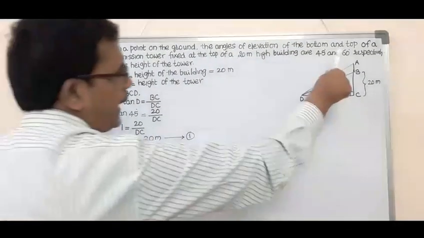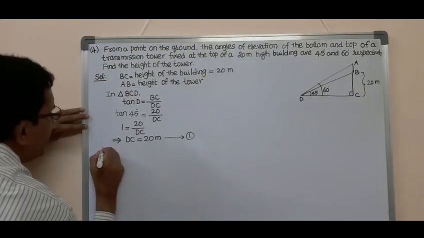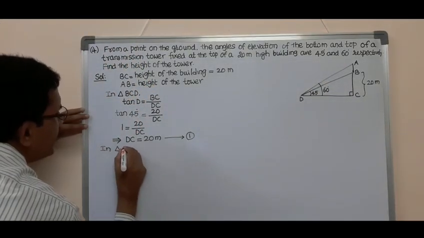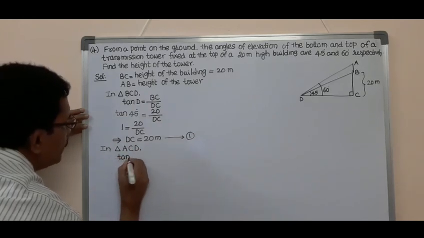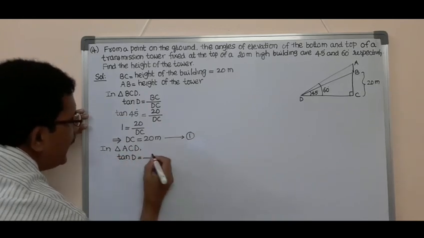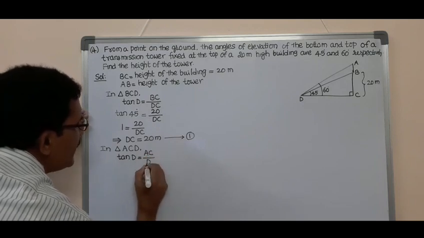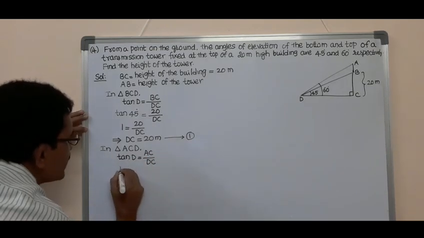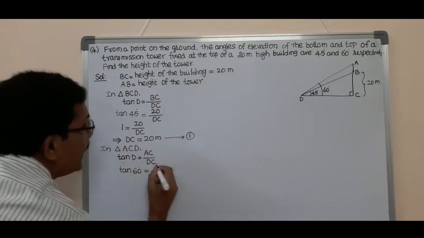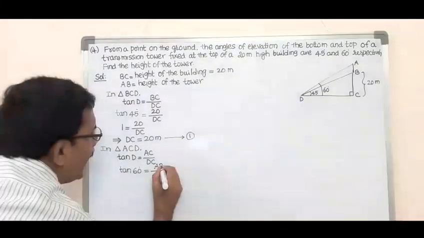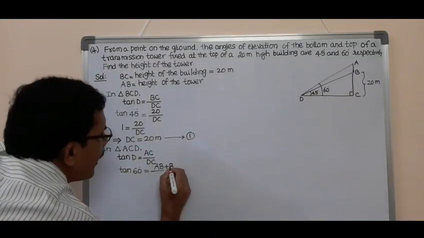Now we will take another triangle ACD. In triangle ACD, tan D is equal to AC by DC. Tan 60 degrees is equal to AC by DC. AC can be written as AB plus BC.